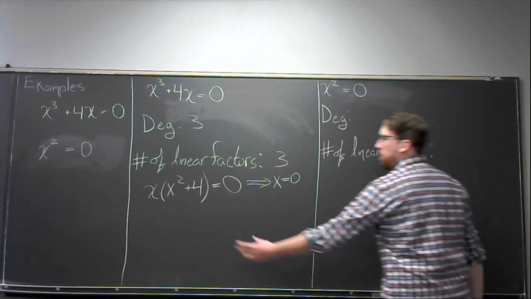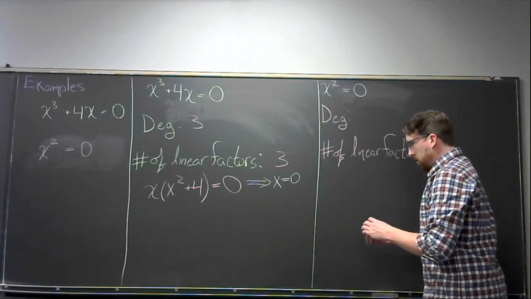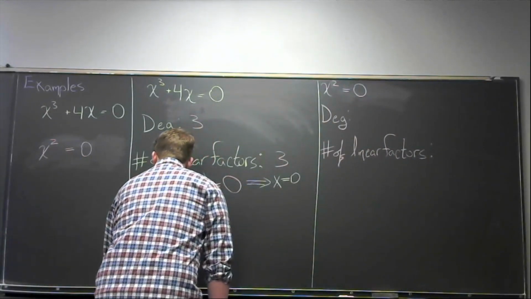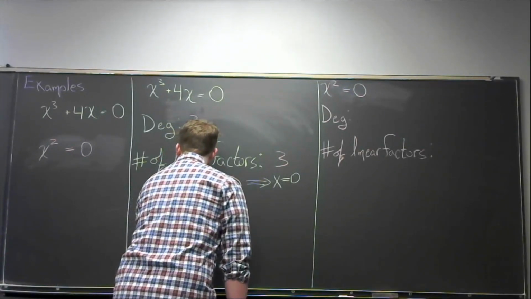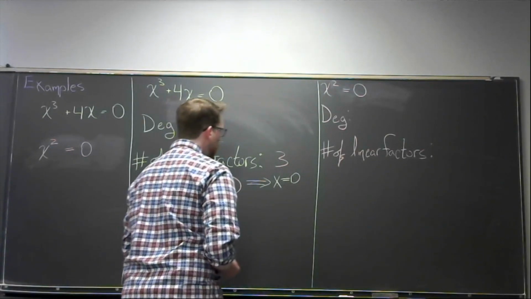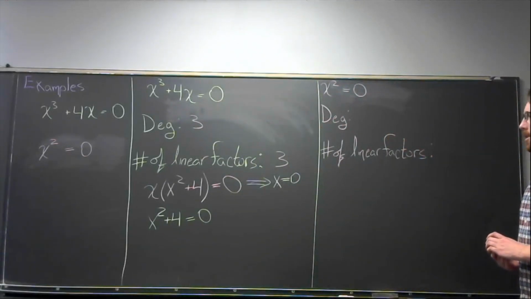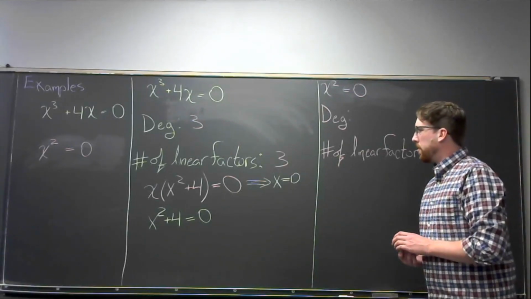Now we have to figure out when this thing is equal to 0. So we're going to have to solve x squared plus 4 equal to 0 now, right? Well, when is that equal to 0? I don't know, not looking at this, not right away anyhow.